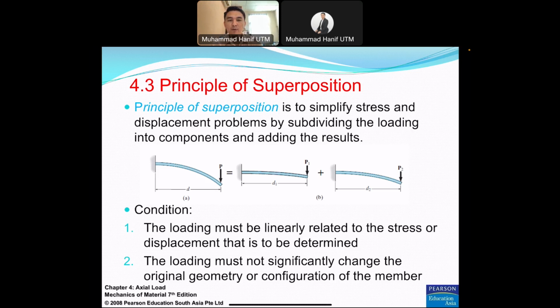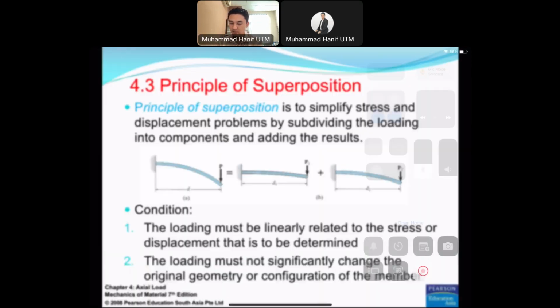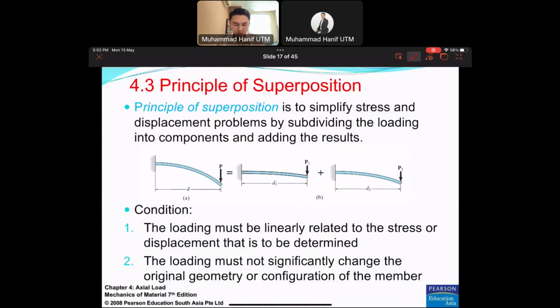So if you have this condition, for example, the first figure, figure A here, you can see the rod is bending.